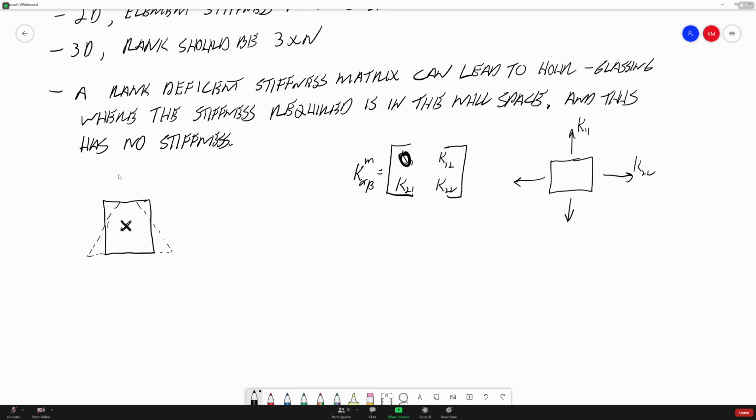So it's just something you have to watch out for. I mean, your software codes should capture this type of stuff for you, but it is something that you could get errors from when you're doing your solutions. So it's an indication that you have a rank deficient stiffness matrix.